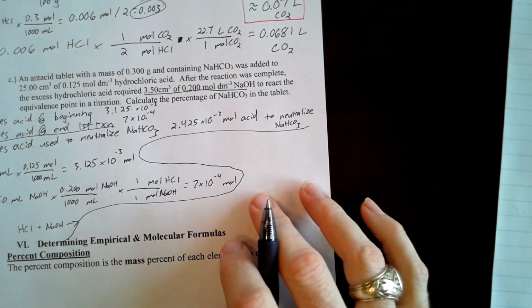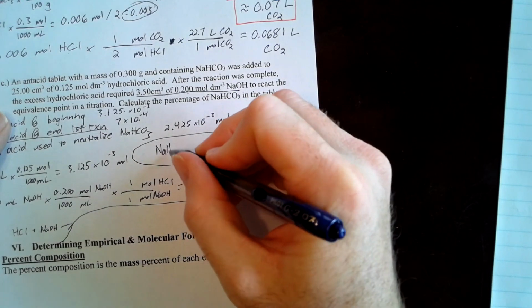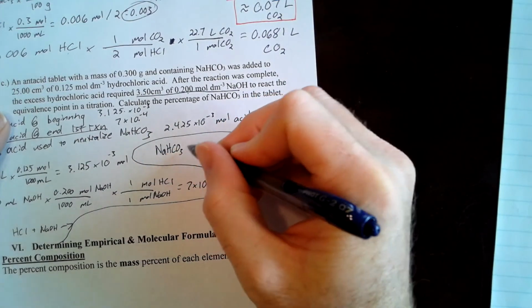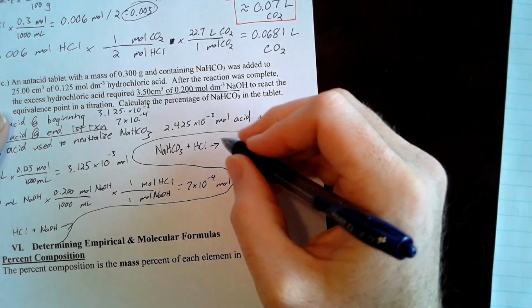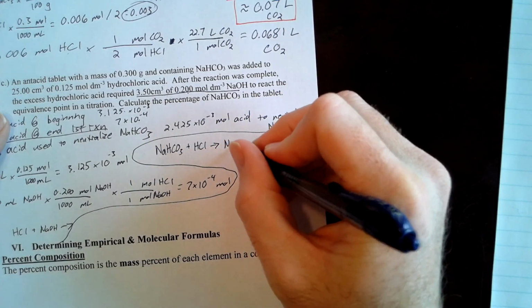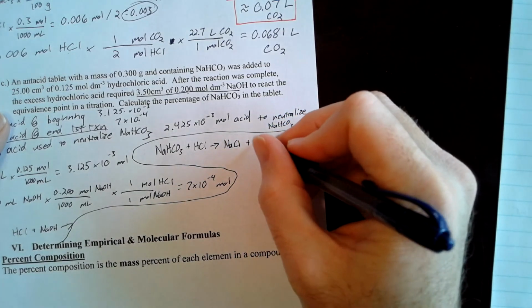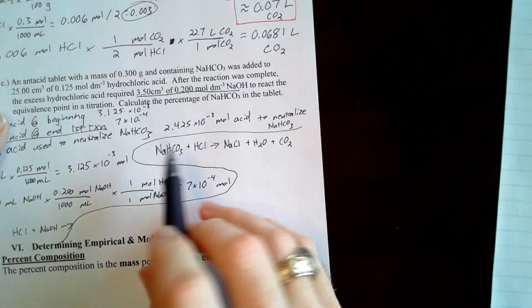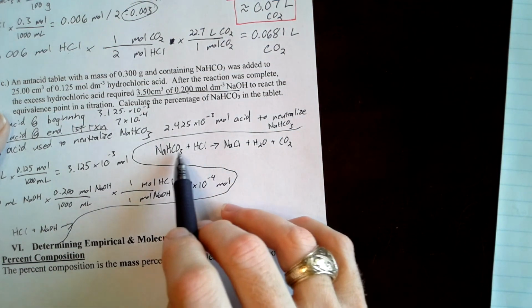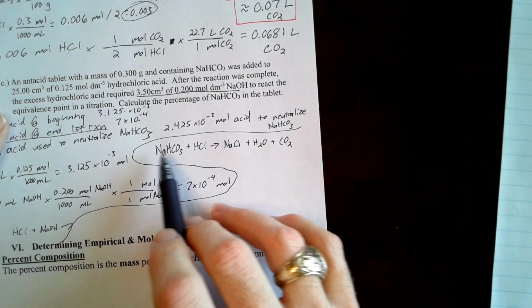Now we know that the sodium bicarbonate plus that HCl made an acid-base reaction to make NaCl plus H2O plus CO2, right? I just wrote that out to make sure that this is all a 1-to-1 ratio. The coefficients are all going to be 1.